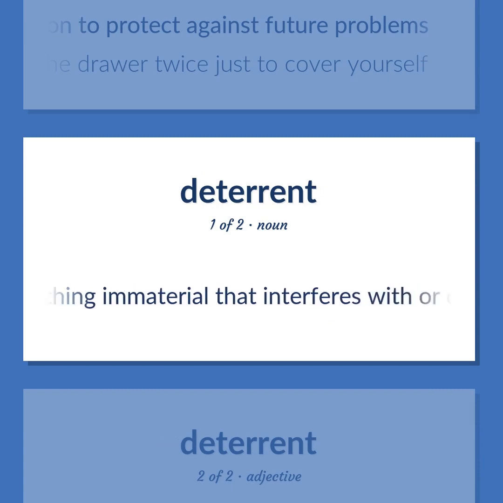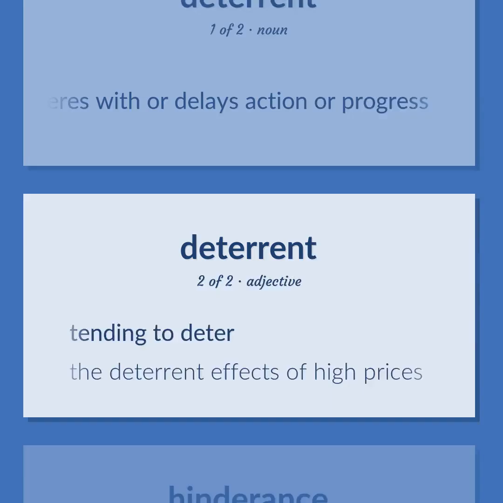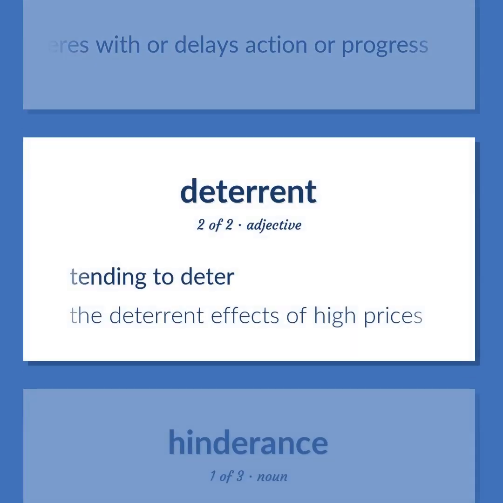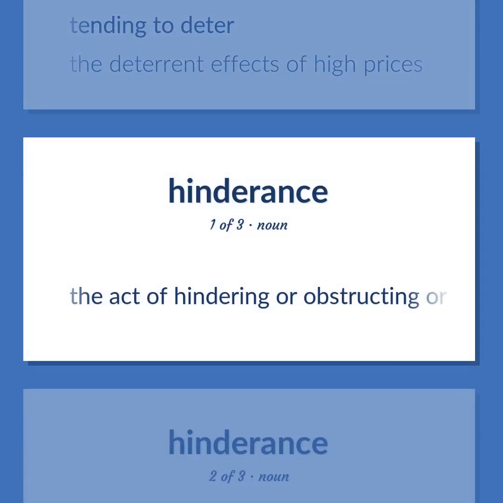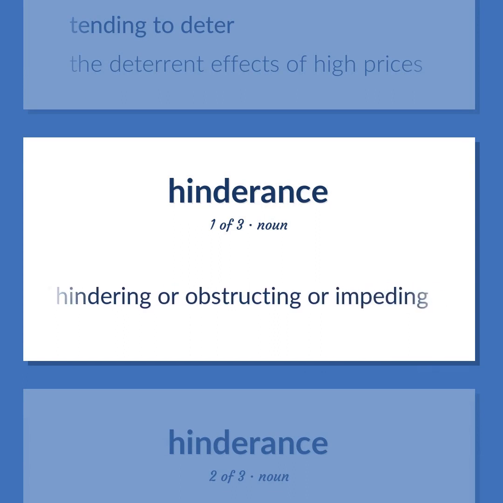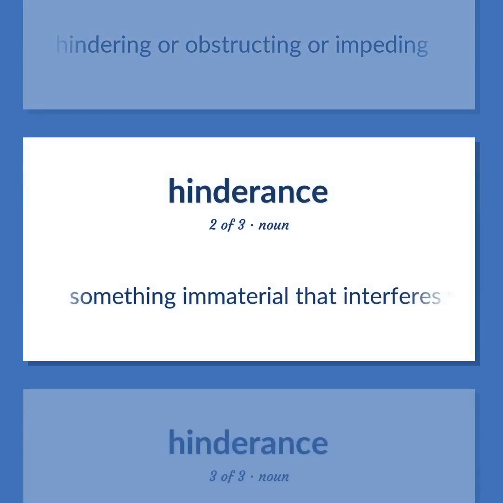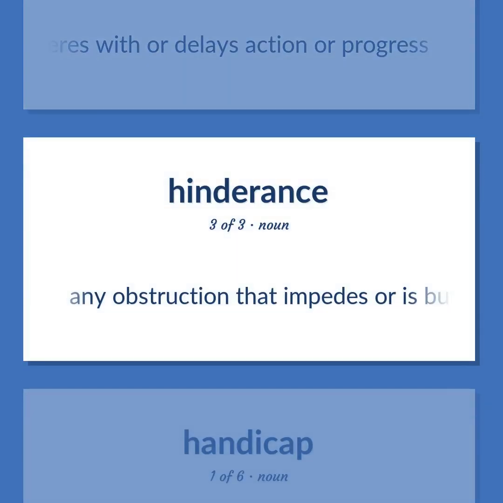Something immaterial that interferes with or delays action or progress. Tending to deter. The deterrent effects of high prices. The act of hindering or obstructing or impeding. Any obstruction that impedes or is burdensome.